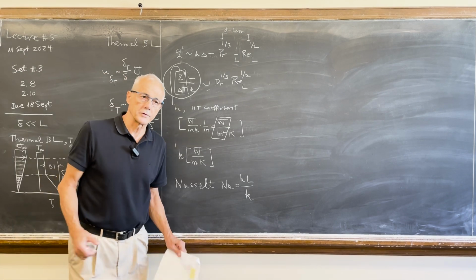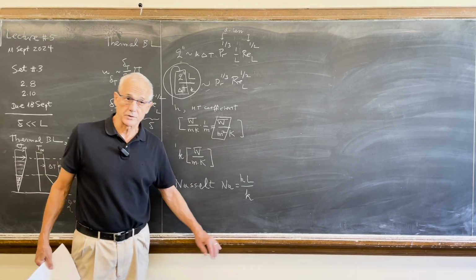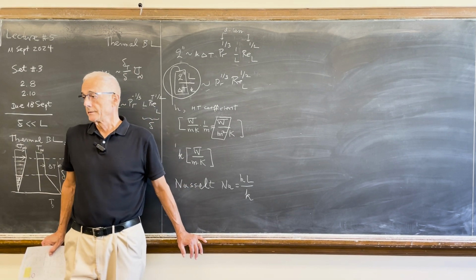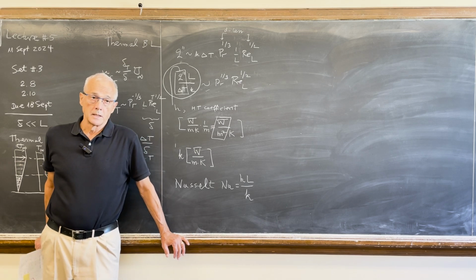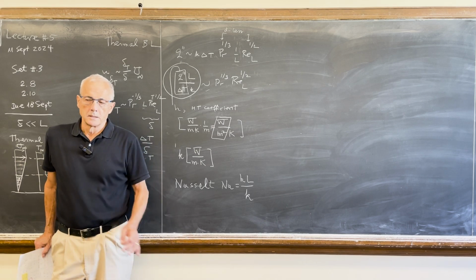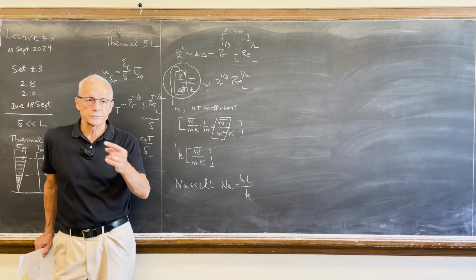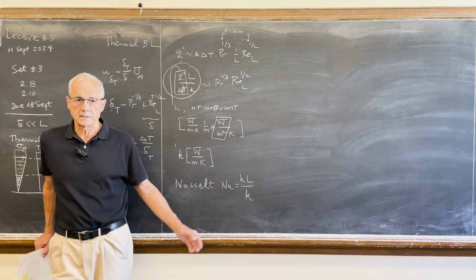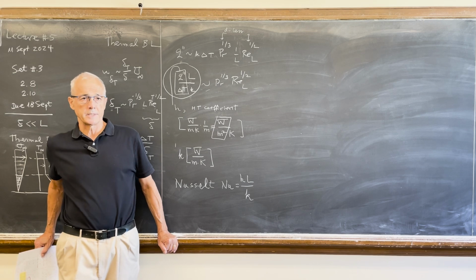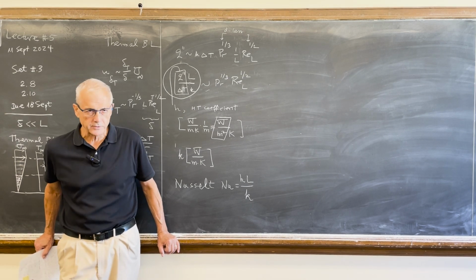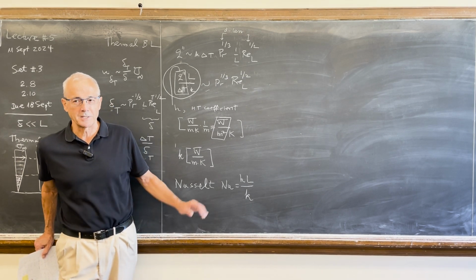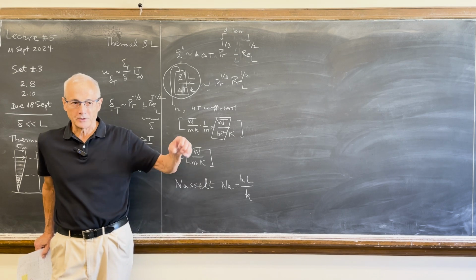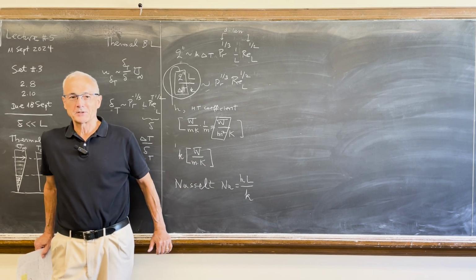So don't be confused by this thermal conductivity, which smacks of heat conduction. So notation from heat conduction is useful. But if you use it in convection, it doesn't mean that your phenomenon is conduction. It is convection. So keep your Nusselt number in the back called convection and understand.